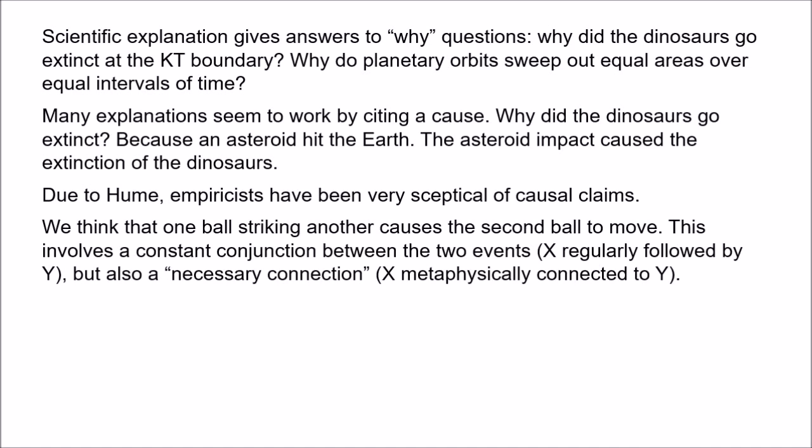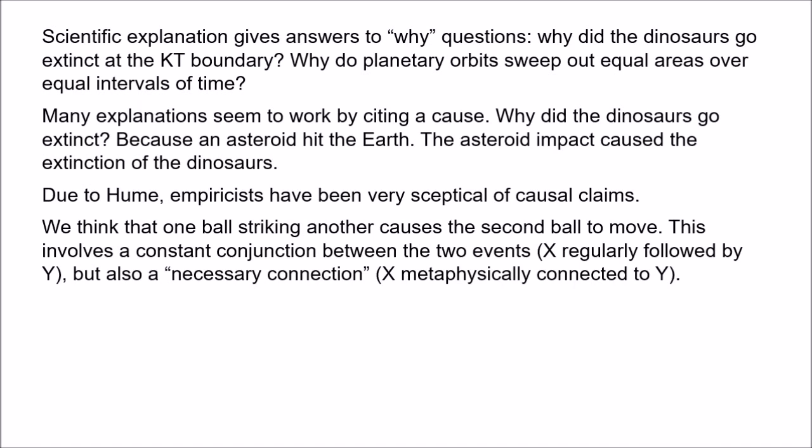Consider one billiard ball hitting another billiard ball. We see the first billiard ball move, it hits the second, and the second starts moving. And what we would say is that the first ball striking the second ball causes the second ball to move. So what's going on here? What is this causation?